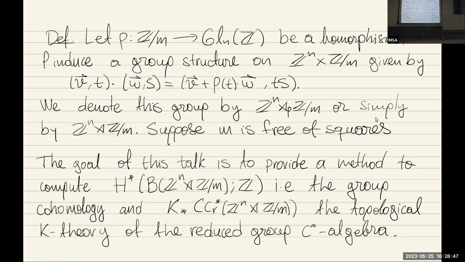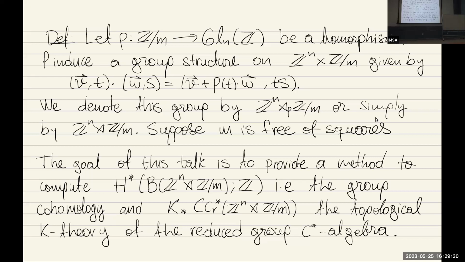Rho induces a group structure on this Cartesian product given by this equation: B plus rho T times W, and in the second component T plus S. We denote this group by Z^n semidirect product rho with Z over M, or simply Z^n semidirect product with Z over M. And for this talk, I will suppose that M is free of squares.